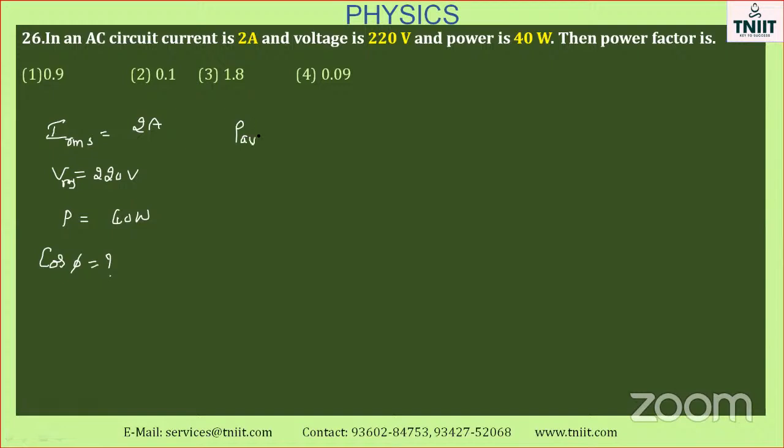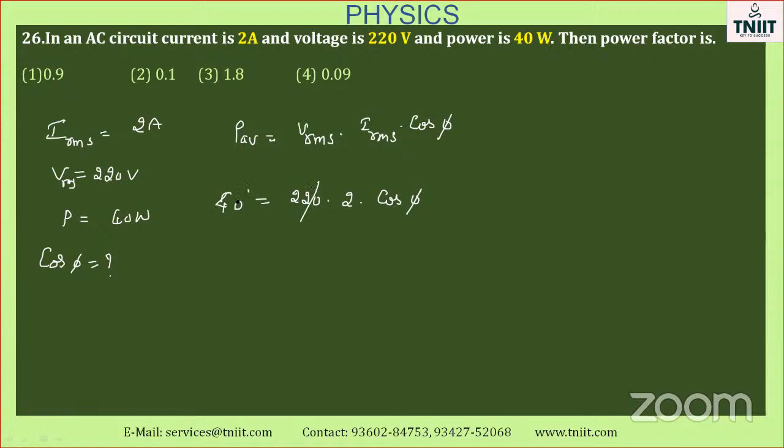You know that the average power in the AC circuit is given by V RMS into I RMS into cos phi. Average power is 40, V RMS is 220, I RMS is 2, cos phi you have to calculate.